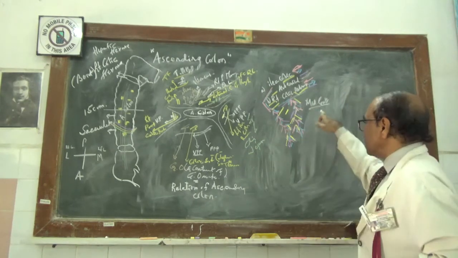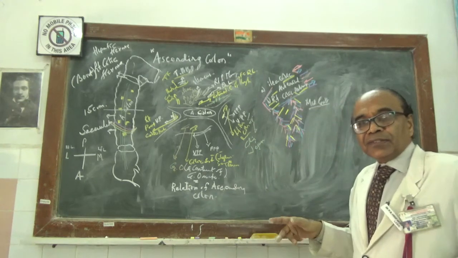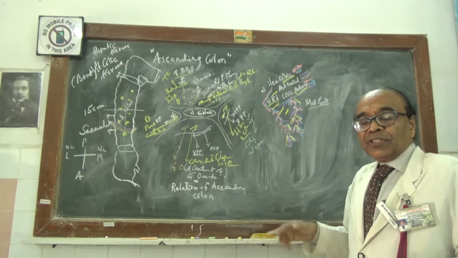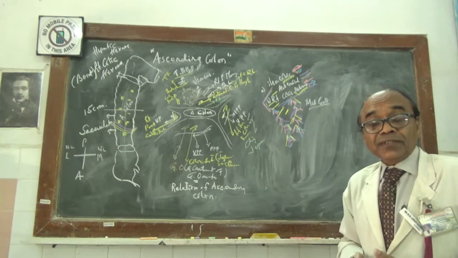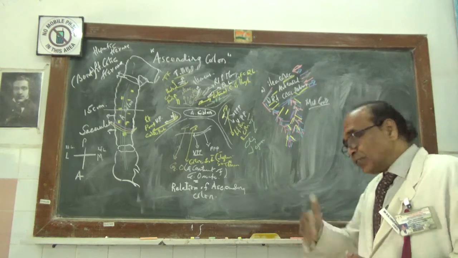Why does this have to be from the midgut? Because it is supplied by a branch of the superior mesenteric artery. And definitely the vice versa is also true.